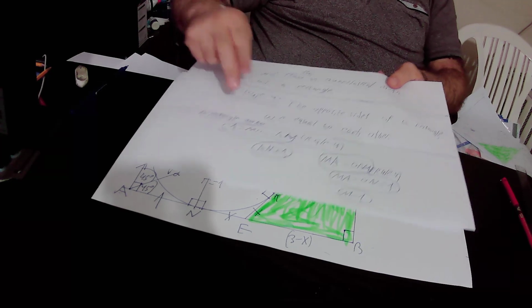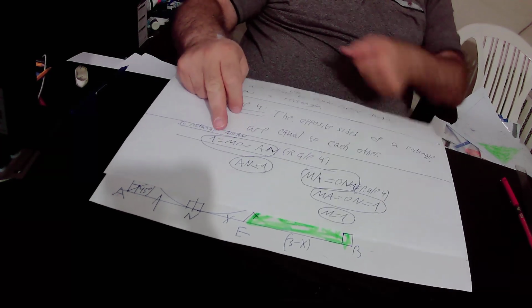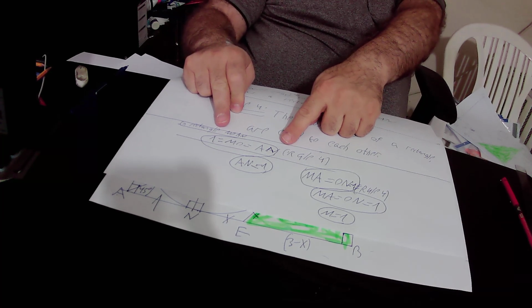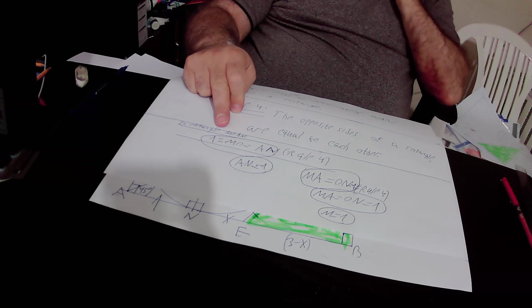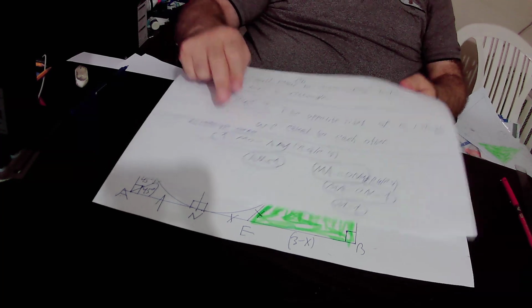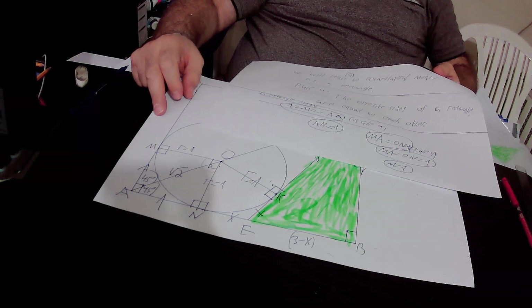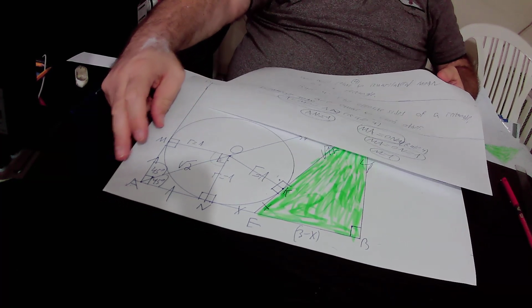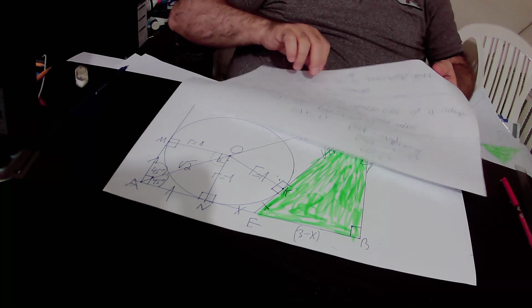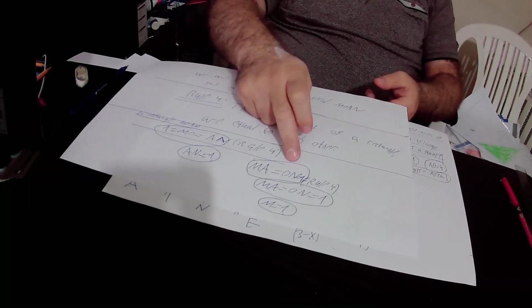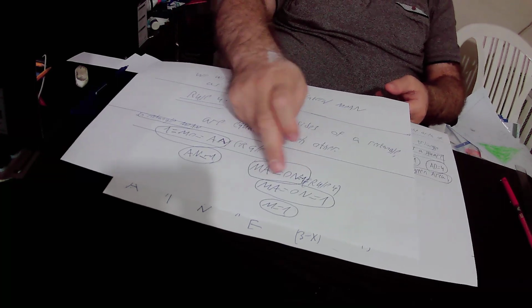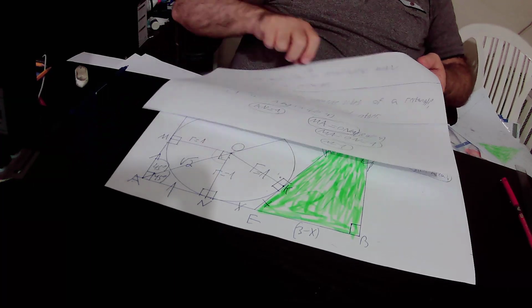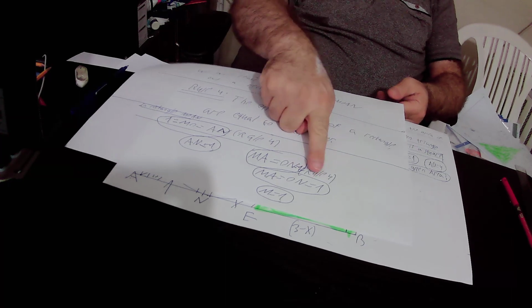It is given to us in the question. So MO equals 1 unit. So from this equality we will get that AN also equals 1 unit. Likewise, according to rule number 4, MA also equals ON. But we already found out that ON equals 1 unit.